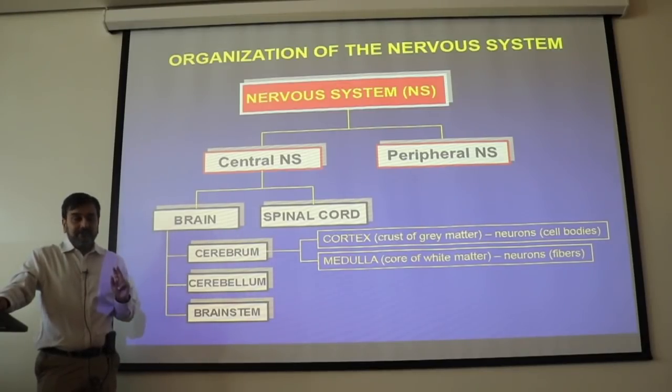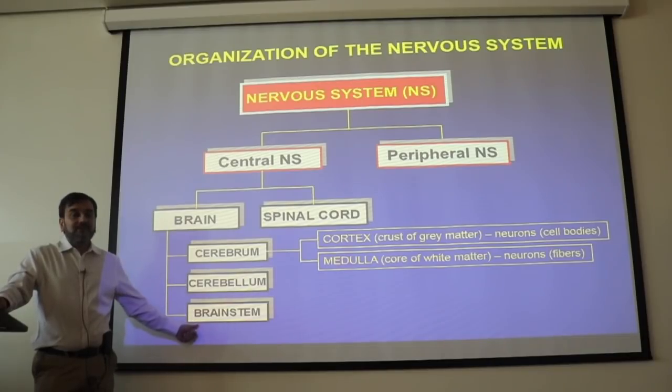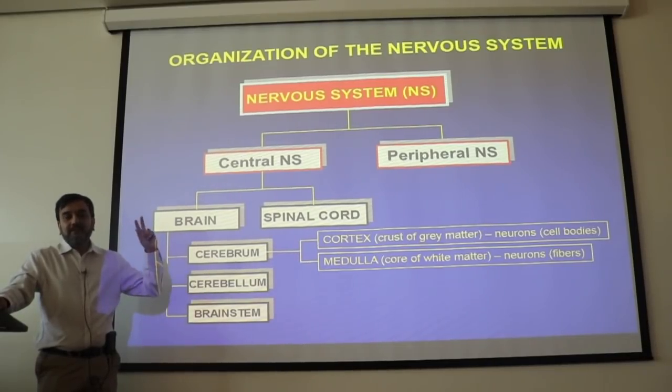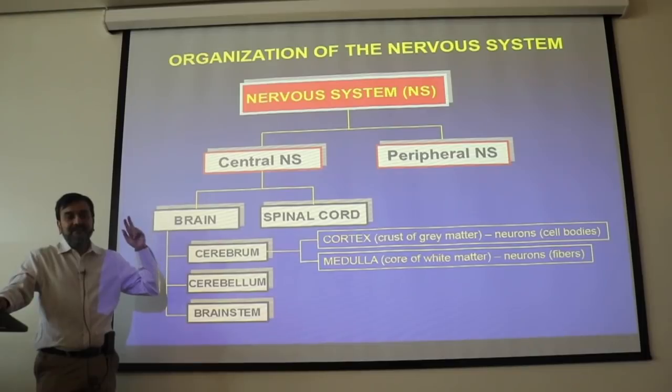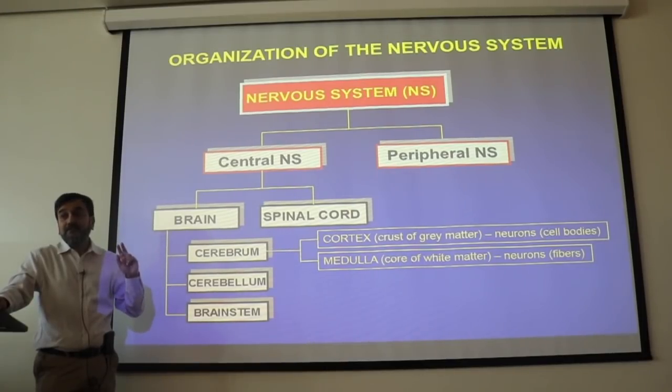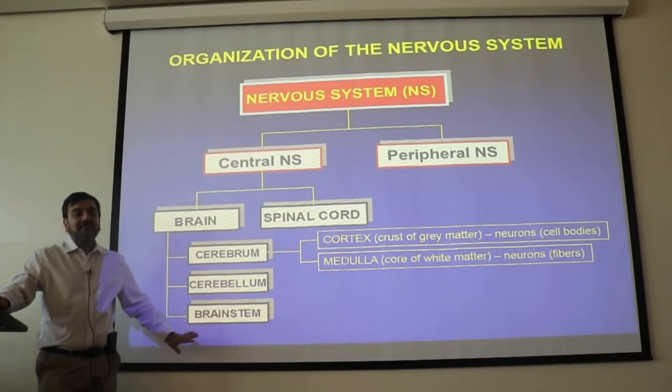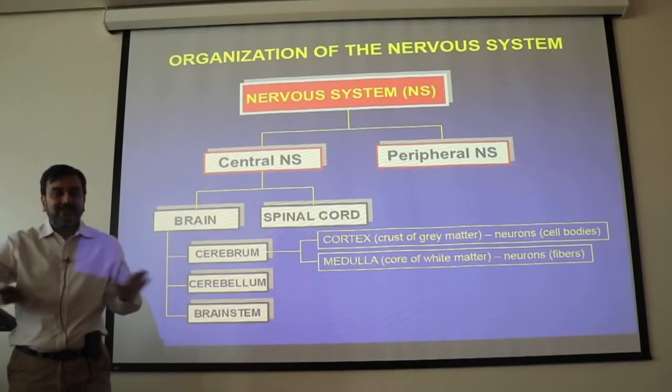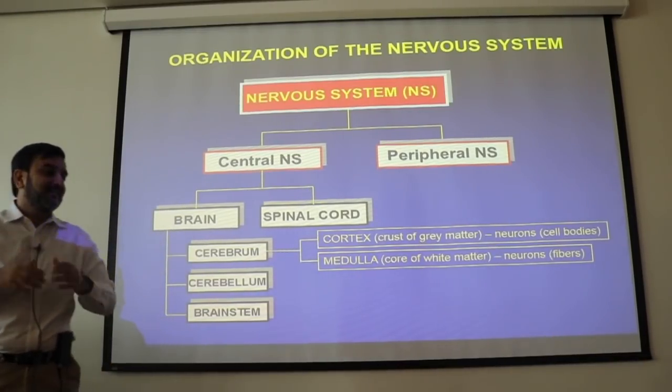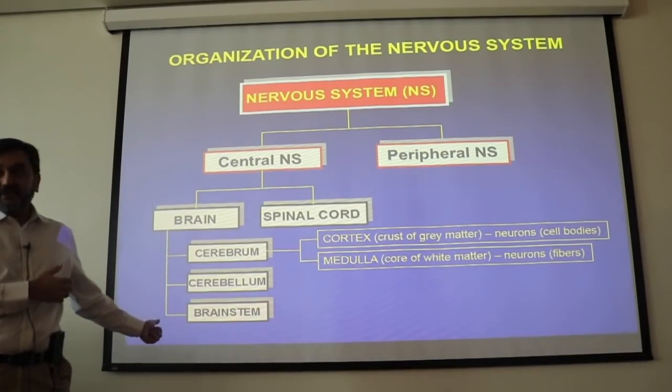All the cranial nerves come out from the brainstem except the first two, the olfactory and the optic. So olfaction and visual sense are not going to the brainstem. All the rest of your sensory inputs from the head and neck region go to the brainstem.